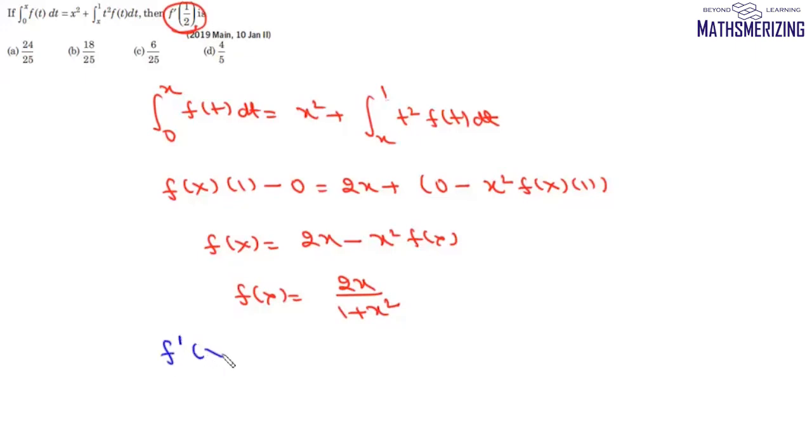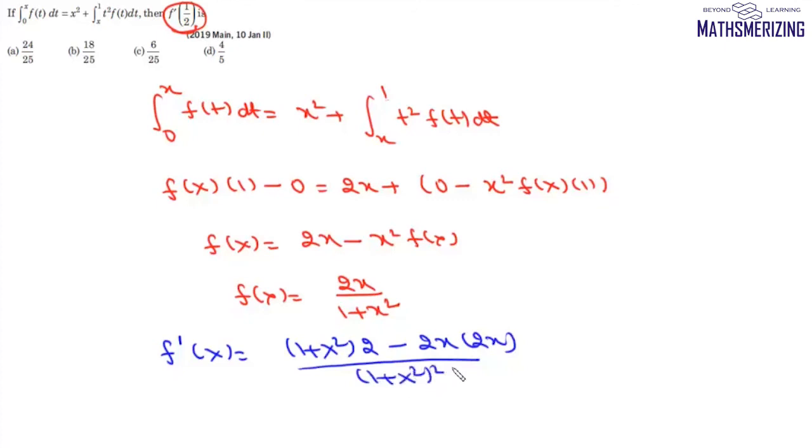So we'll write f dash x as (1 plus x square) into 2 minus 2x into 2x, upon (1 plus x square) whole square. So we'll take this 2 common, and then we'll have 1 minus x square upon (1 plus x square) whole square.